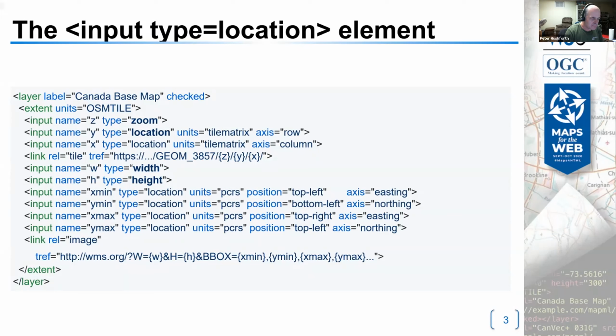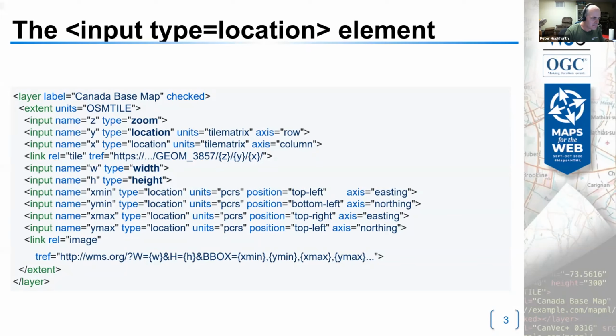Also, as described yesterday, the extent itself is bound to the viewport of the map, and the whole extent can be treated as a location event for some purposes, specifically when requesting content from services like WMS. The link rel to which the input is bound by template variable reference dictates the nature of the event that is generated.